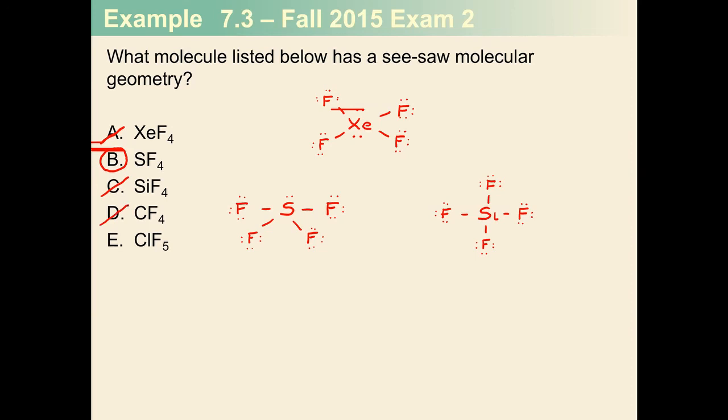Finally, let's go to E. Well, one of the biggest issues here is that the seesaw molecular geometry only has 4 bound atoms. So if we go and look at answer E, this cannot be the seesaw molecular geometry because we have 5 attachments. This is going to have a different molecular geometry, so E would be incorrect.